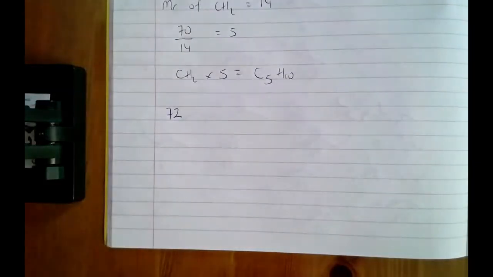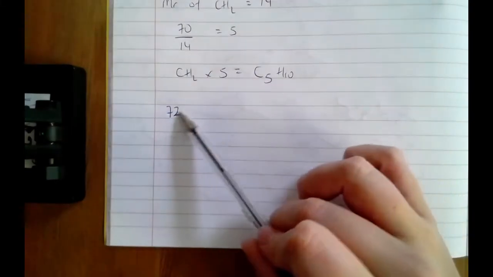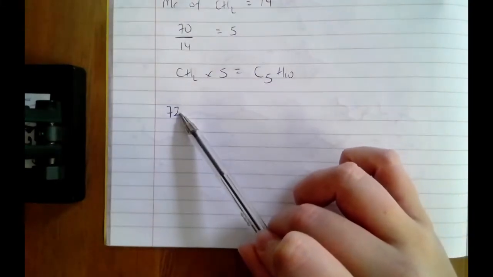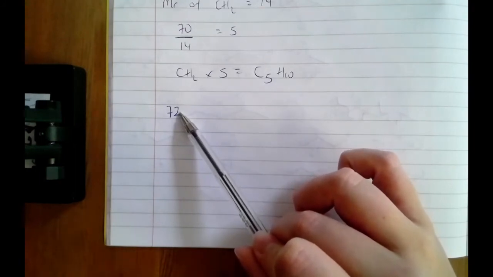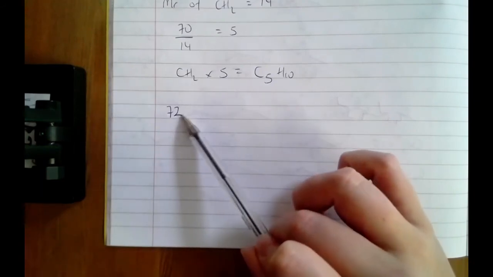Okay, the last question now. You are given the mass spec of an unidentified molecule, and you're asked for the molecular mass. In order to get this answer, 72, you just look at the spec and you go to the highest possible peak. So your unfragmented molecule gives you the highest possible peak, and it's at 72.